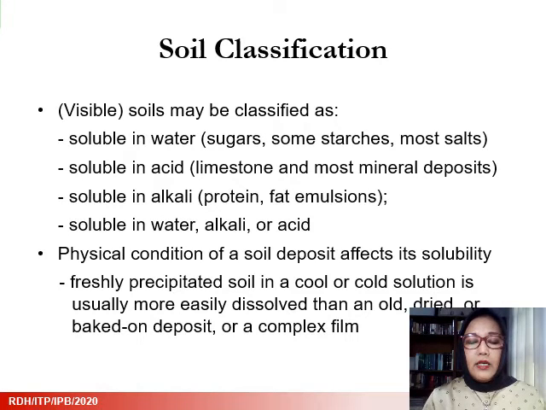Some of the complex soils may be soluble in water, alkali, or acid. The physical condition of the soil deposit also affects its solubility. Freshly precipitated soils in a cool or cold solution are usually more easily dissolved than old, dried, or baked-on deposits or a complex film.